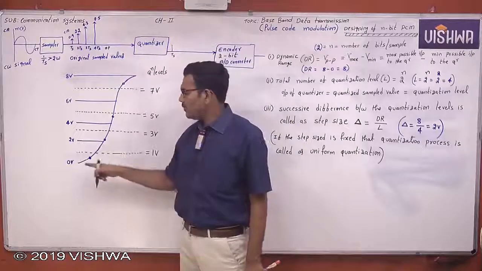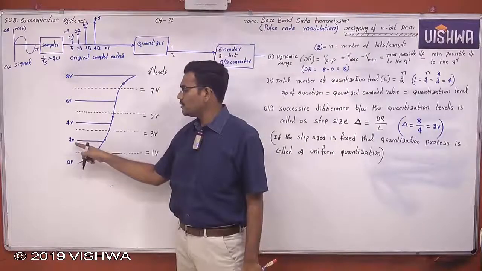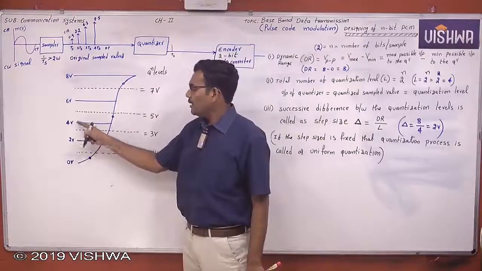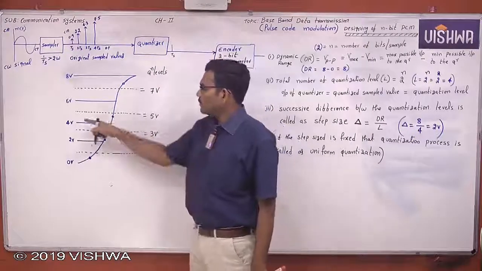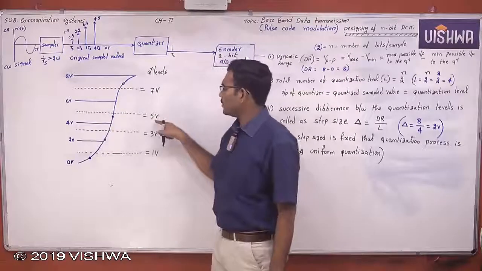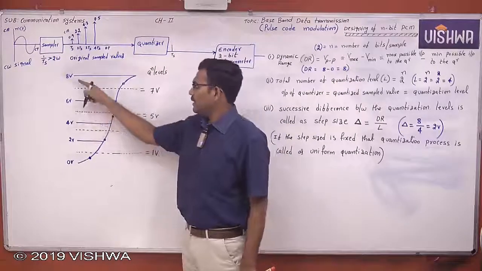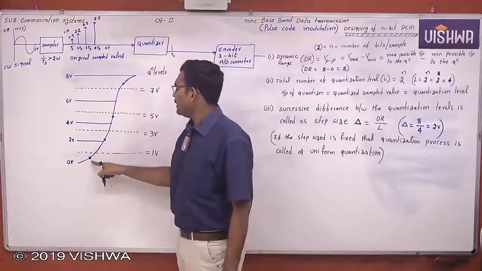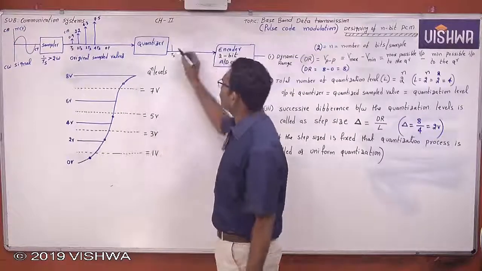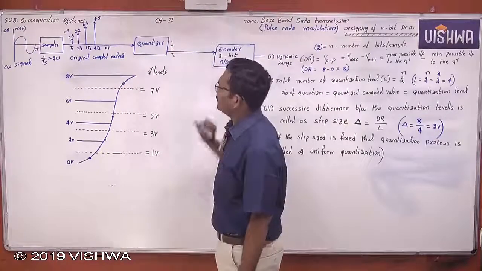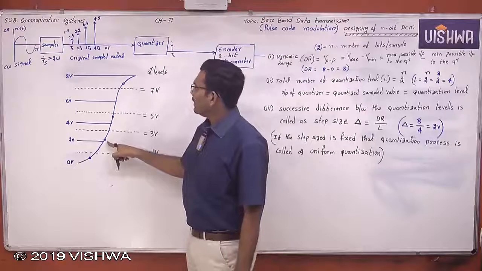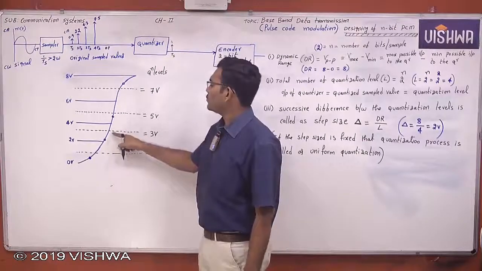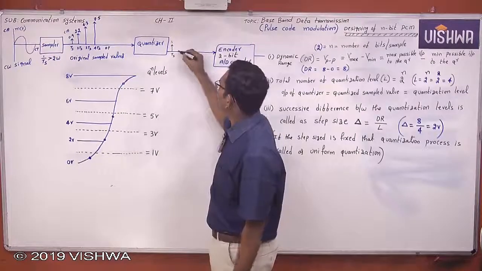Any original sample greater than 0 and less than 2 will be rounded off to this, greater than 2 and less than 4 to this, greater than 4 and less than 6 to this, greater than 6 and less than 8 to this. So this 0.9 is rounded off to the nearest quantization level 1. Next 2.2, whose nearest quantization level is 3 volts.